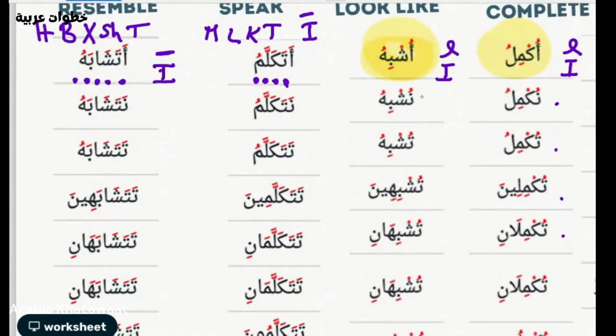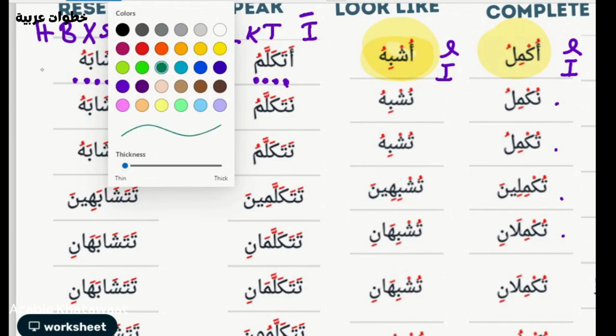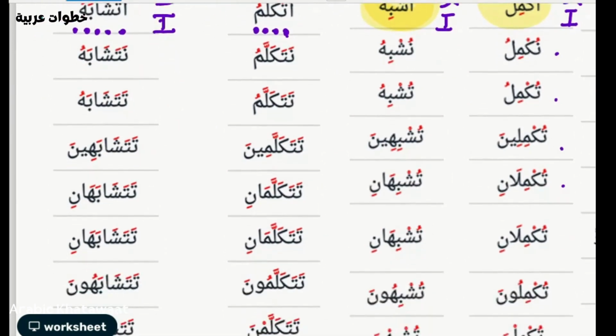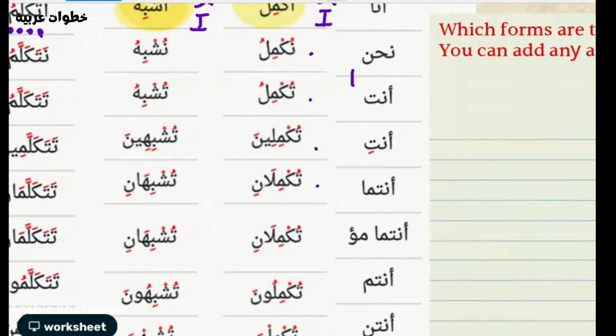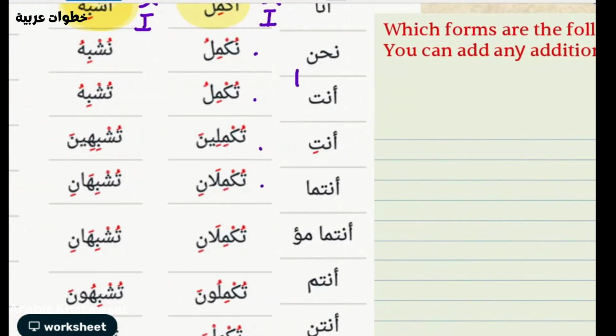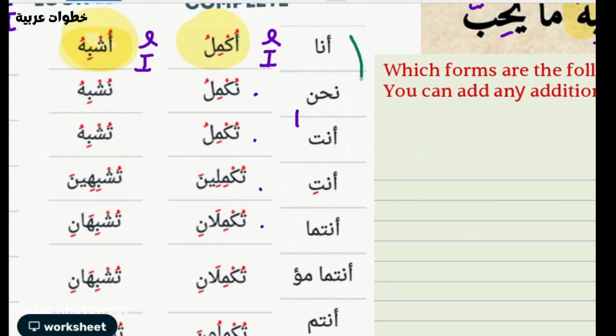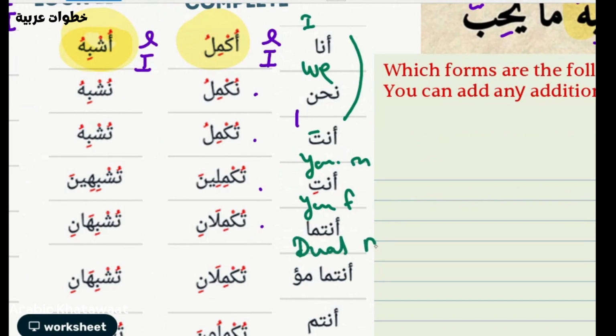So if I go over look like as a verb, I will read the verb conjugation, and this will be produced in the exact same order I have over here, which is I do the action, the two speakers, أنا, I, نحن, we, أنت, you masculine, أنتِ, you feminine. أنتما is a dual for masculine, and you have أنتما is a dual for feminine.